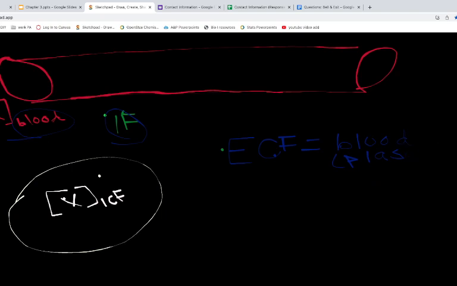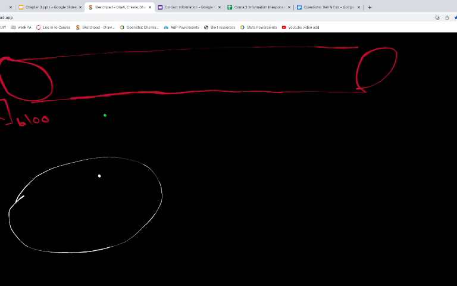In order to have a gradient, you need to have various concentrations of a chemical, for example, on the inside of the cell that is different than the outside of the cell. Okay, so just to say we have this blue dot here. There's a certain concentration of this blue dot on the inside of the cell, on the outside of the cell, and in the plasma.